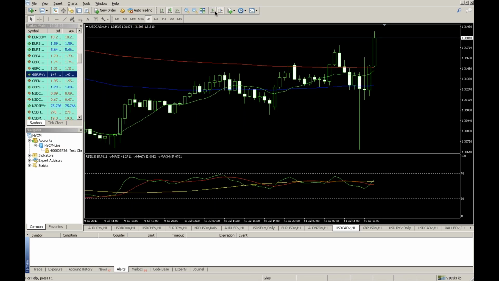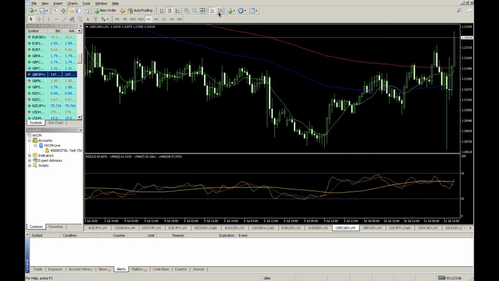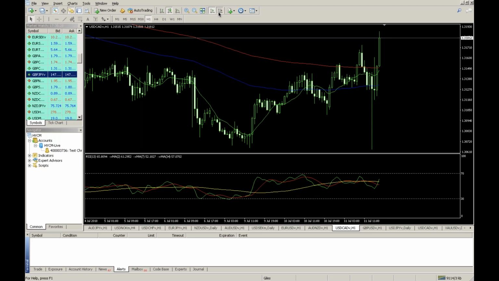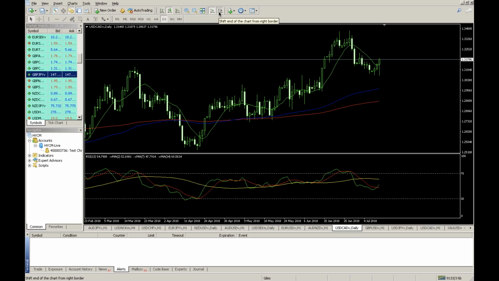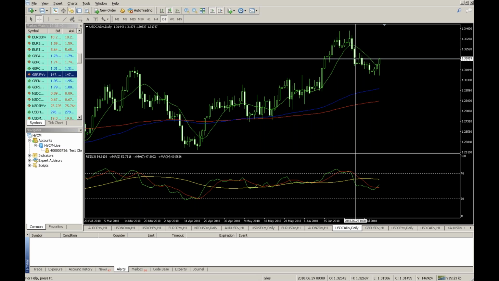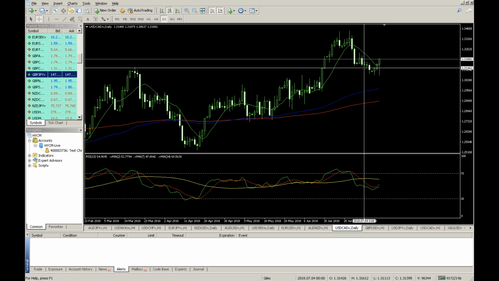Here's an example of what I was talking about earlier about buying the rumor and selling the fact. This is the US dollar Canadian dollar pair. The Canadian dollar has been increasing and appreciating in the last few days.